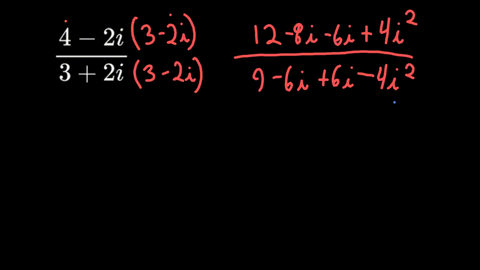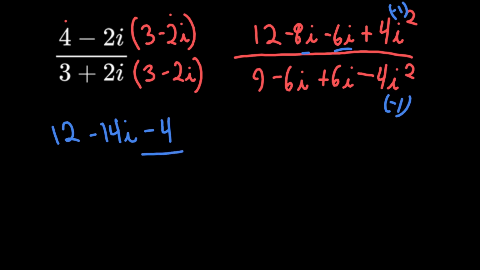Now let's look at this. This i squared can become a negative 1. When we rewrite this here, I'm going to be left with 12, and just for the sake of writing less, I'm going to combine 8i and negative 6i, minus 14i, minus 4, because we made that i squared become a negative 1 and multiplied it times 4, all over 9.